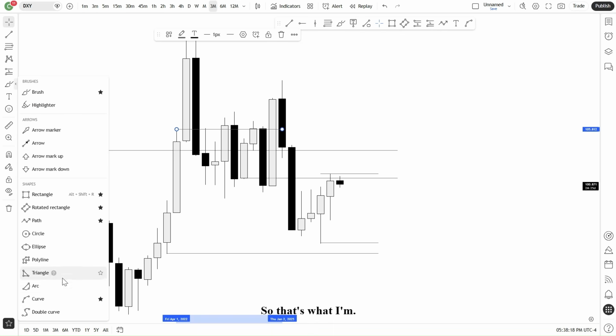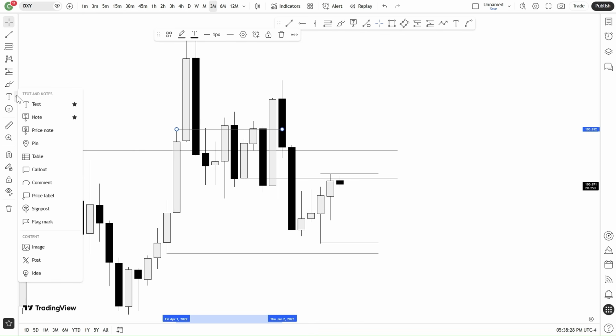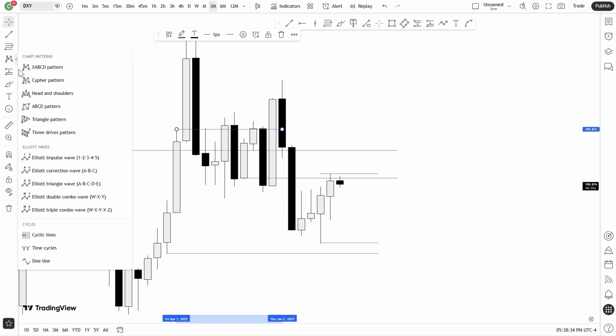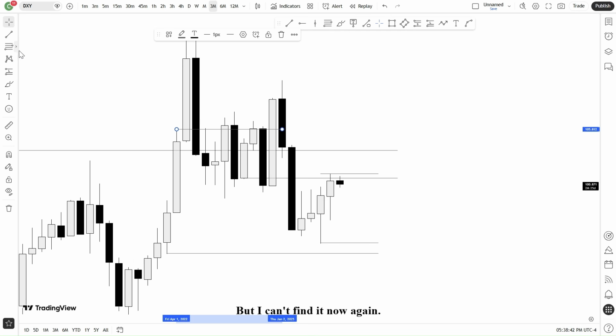I think I need a pointer so that what I'm pointing out will be very clear. I need a pointer. Where do I see this pointer? I think I added it to my tools, but I can't find it now again.